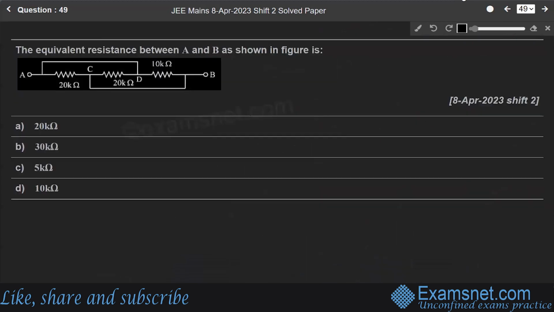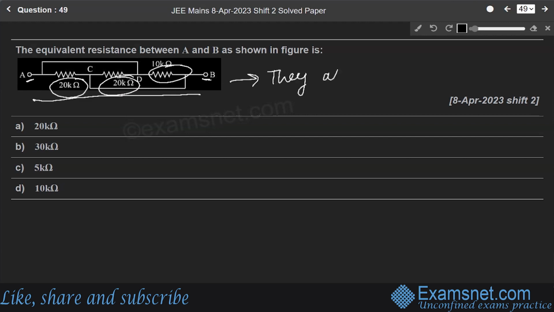Now moving towards the next question, question number 49. This question says to find the equivalent resistance between A and B as shown in the figure. Since the potential difference across all the resistors is the same, when the potential difference is the same, we always say that they are all in parallel.